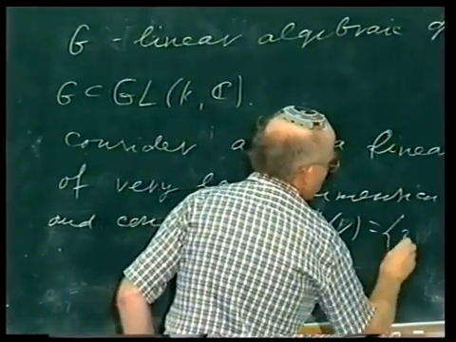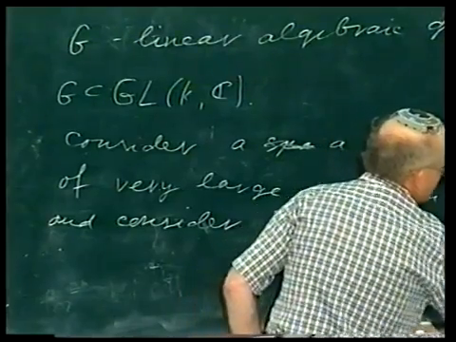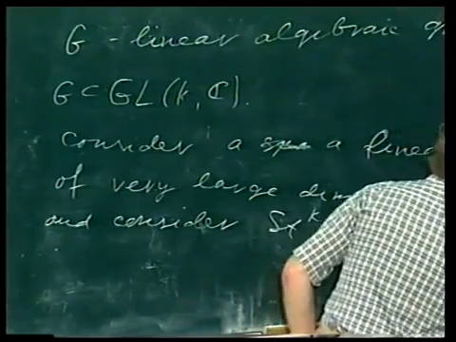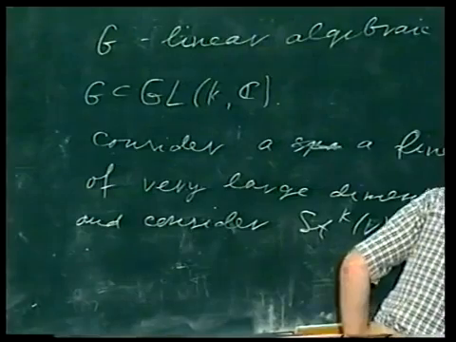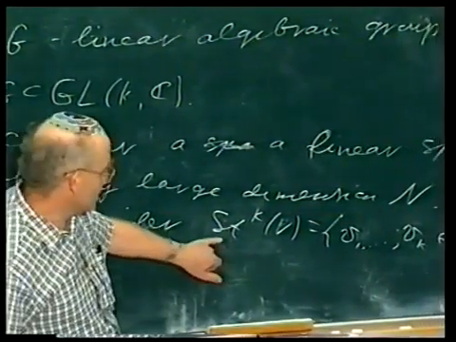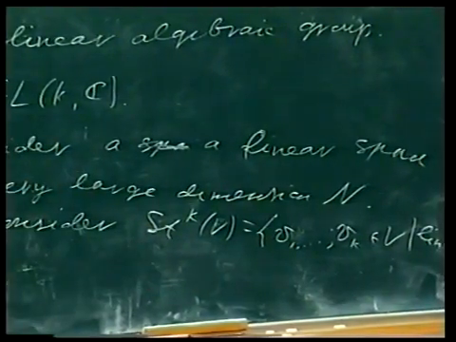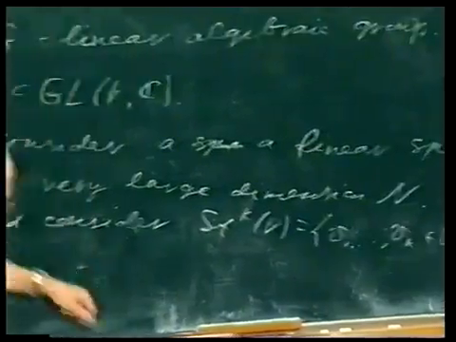So this is the set of vectors v1, ..., vk in V which are linearly independent. Then on this space we have the free action of the group G.